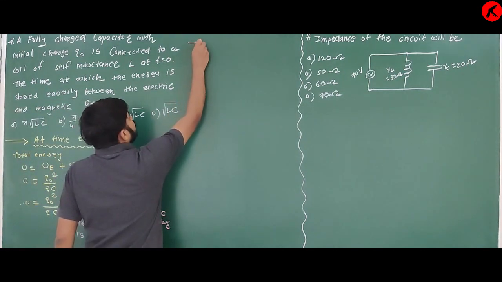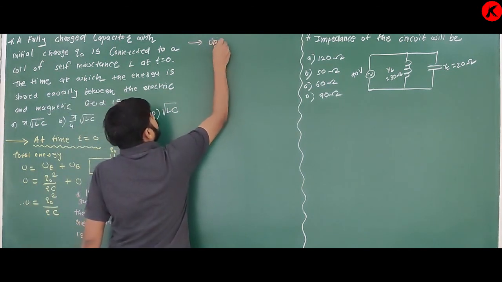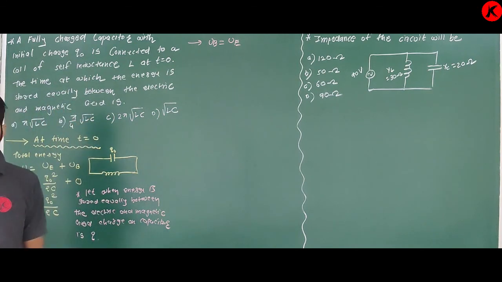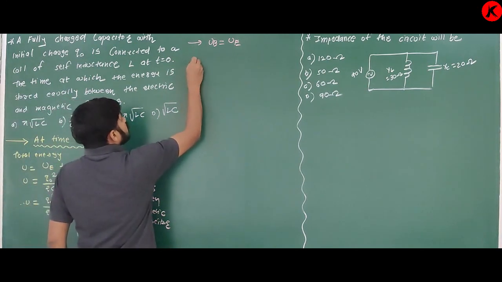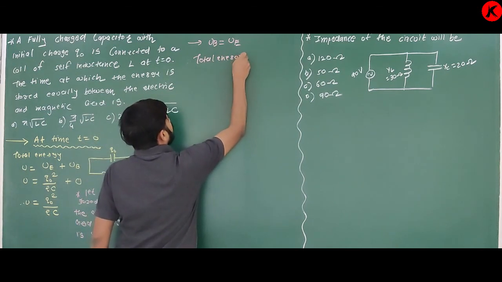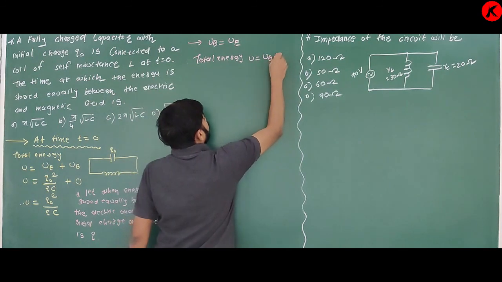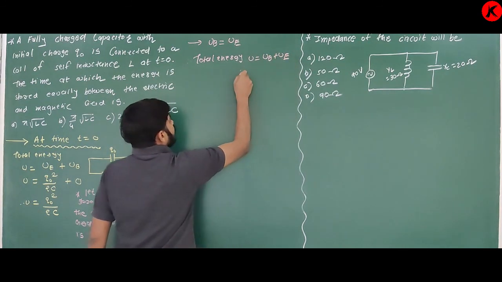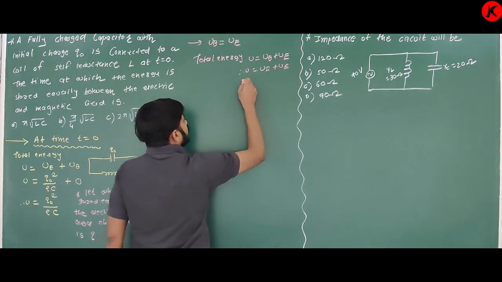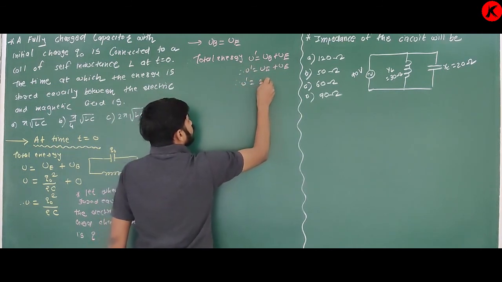At that time, when energy is equally stored, UB is equal to UE. Yes, we can write UB is equal to UE. So the total energy U is equal to UB plus UE, which is UE plus UE, so U dash is equal to 2 UE.